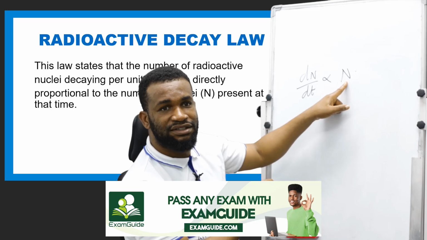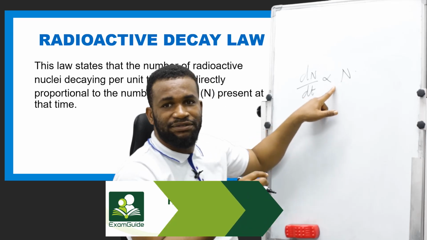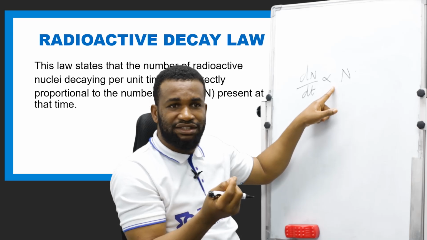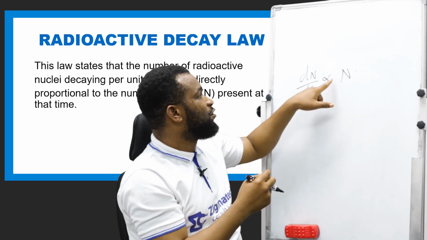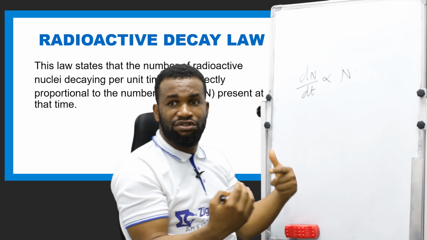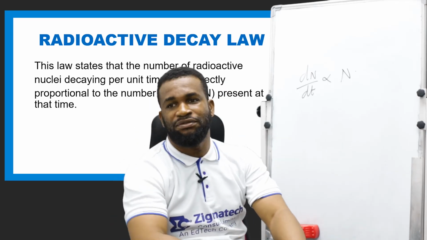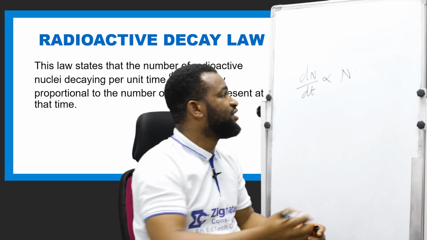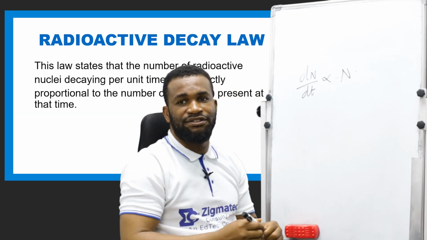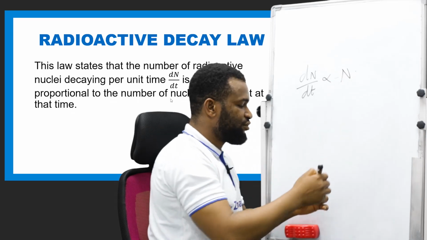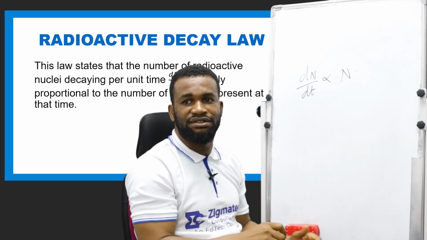But we use a negative sign to show that it is decreasing in value. It is not increasing. If it were increasing, you could be proud of it. But in this case, it's decreasing, therefore I'm going to use a negative sign to represent it.